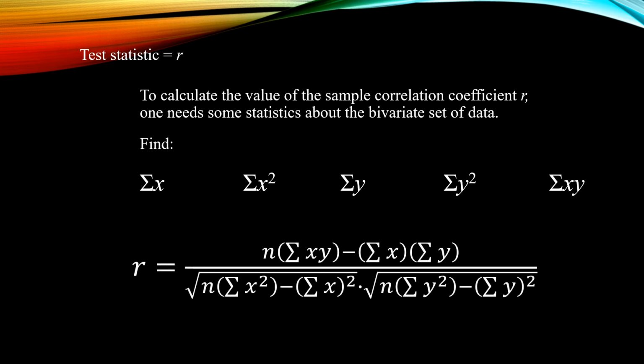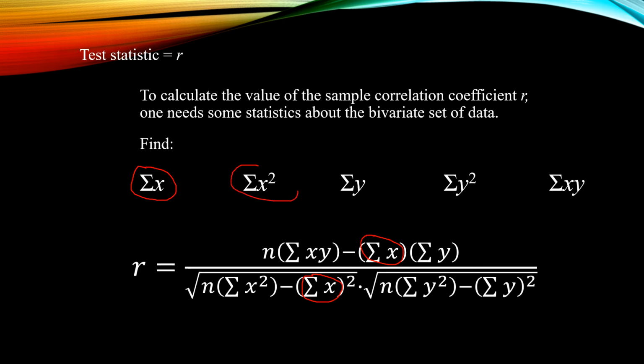And we end up putting it into this relatively ugly looking equation, but remember, these 5 numbers just go into the equation. So once we have the sum of the x values, we actually put that into this location and this location in the formula.